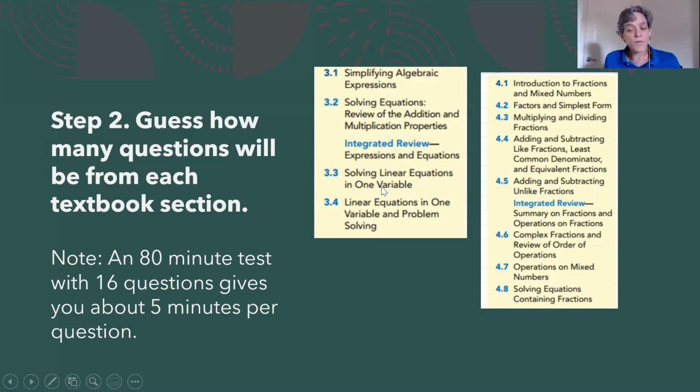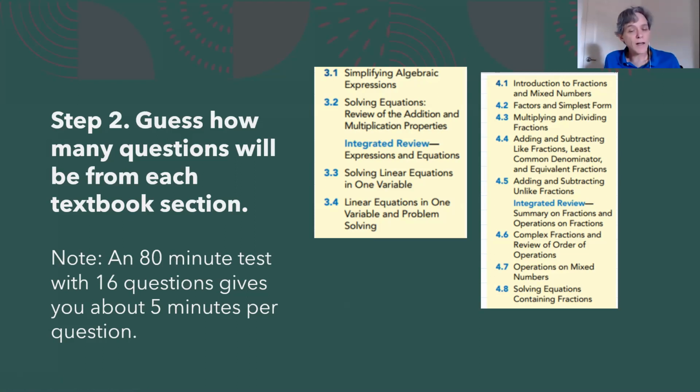Well, here chapter 3 has 4 sections. Chapter 4 has 8 sections. So 4 plus 8 is 12. There's 12 sections here, and the instructor has said there's 16 questions. So if you just went with 1 question per section, that would be 12 questions. There'd be 4 questions left over. There's definitely not enough room for 2 questions per section.